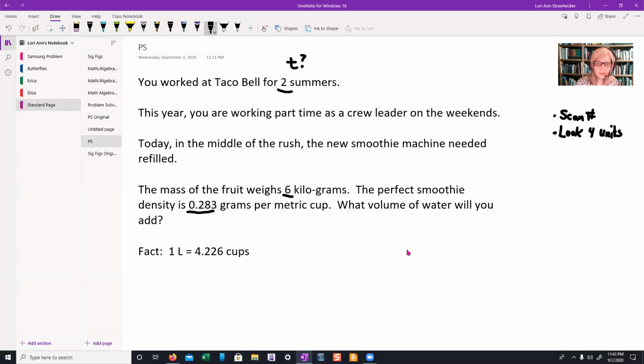The 6 kilograms. Well, kilograms is definitely a unit. And let me note over here that I'm beginning to organize. All right. I'm beginning to organize my knowns and my unknowns.